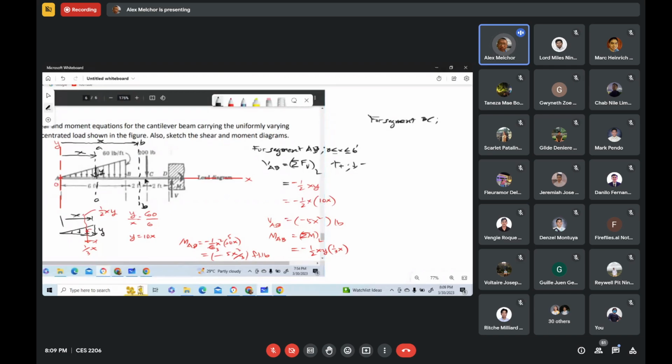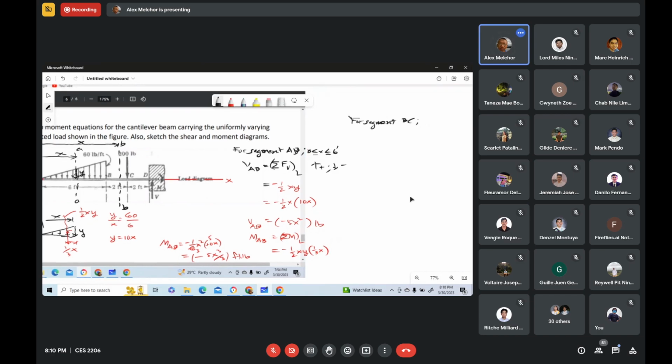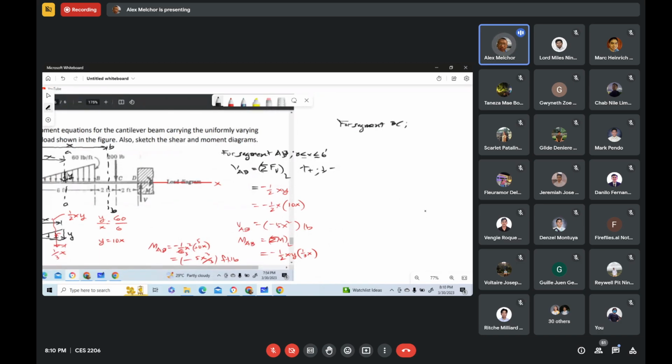Okay, for segment BC, our x is from 6 feet to 8 feet, or in mathematical form, 6 is less than or equal to x is less than or equal to 8 feet. Okay, so what is the shear equation for segment BC?